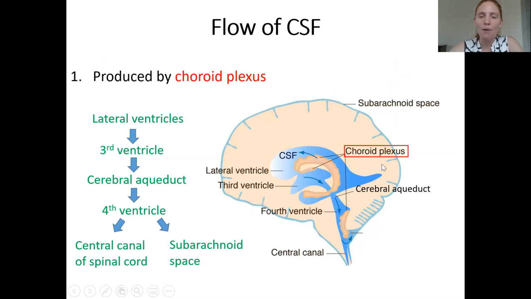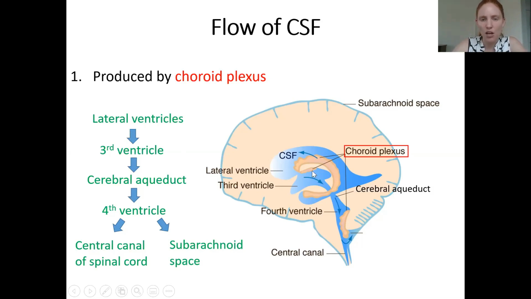What happens is the choroid plexus, and a plexus is just a collection, like a matting of blood vessels, will create the cerebrospinal fluid. Usually that's created in the floor of the lateral ventricles or the roof of the third ventricle. Both of them have choroid plexuses, and they create the cerebrospinal fluid, and then it'll continue to flow.